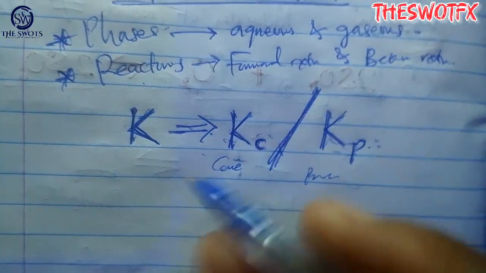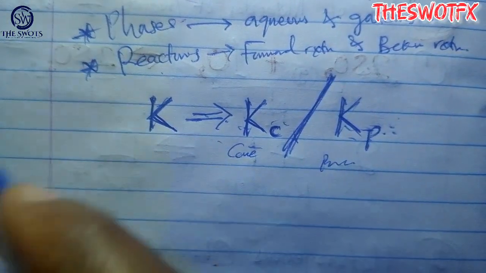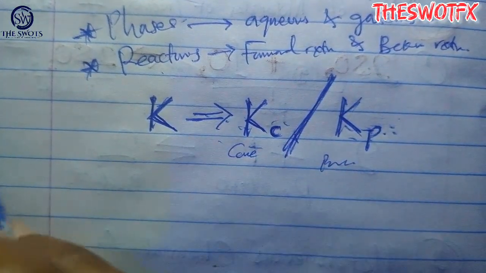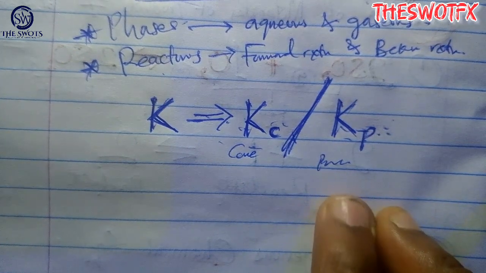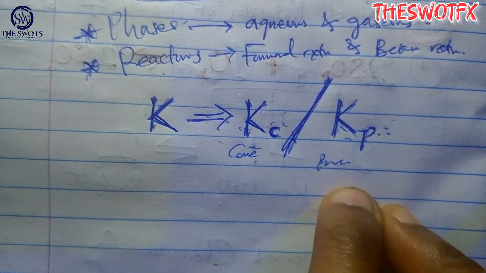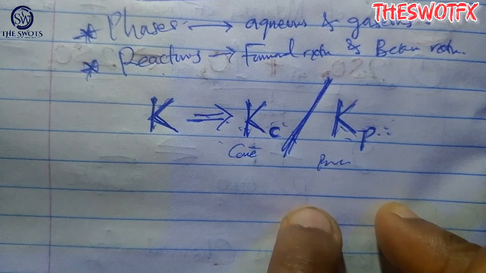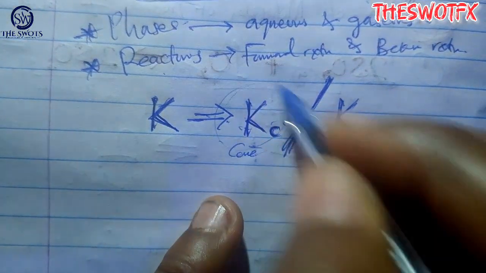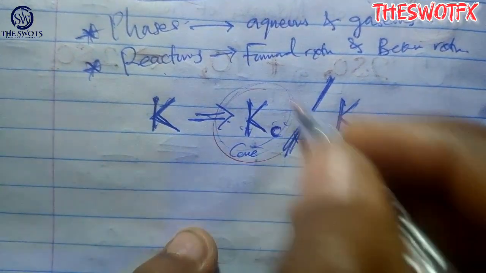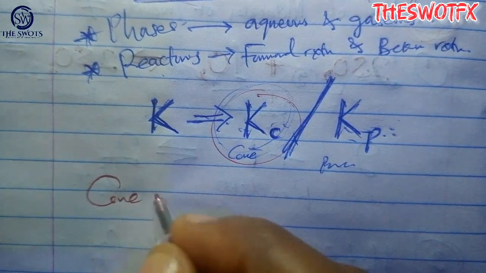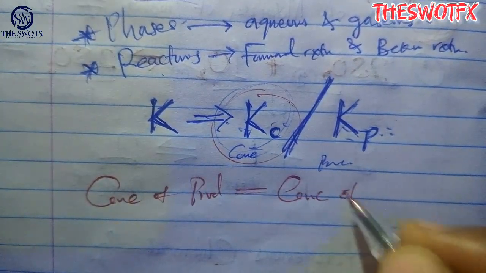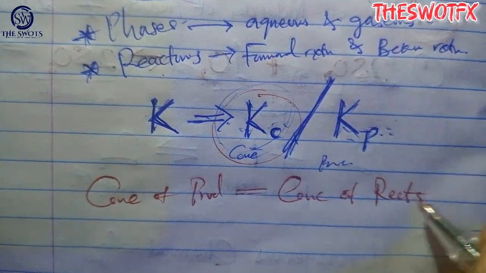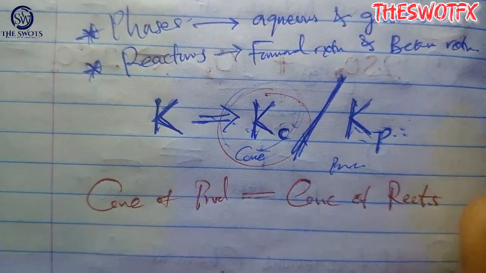Don't forget, chemical equilibrium is when the concentration of the product is equal to the concentration of the reactants. At this state we have Kc.